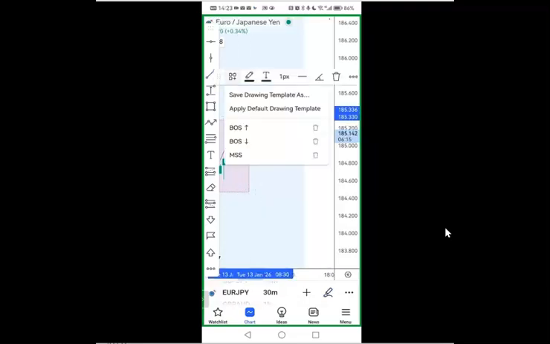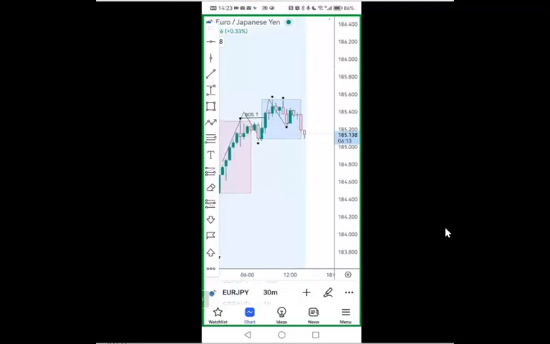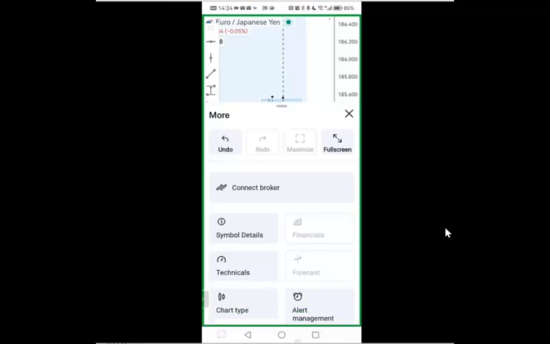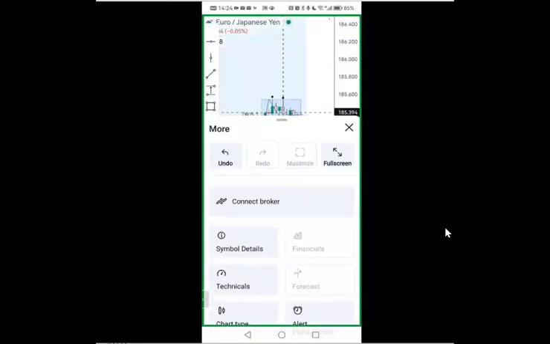The way I will look at it, I will say to myself, if price can pull back, remember I like it to pull back, and as long as it does not break below and close below this level, right? So in fact, let's do it this way. Where is the bar replay? Oops.